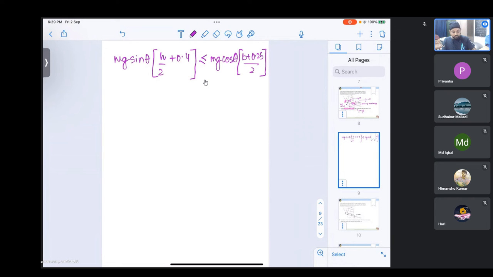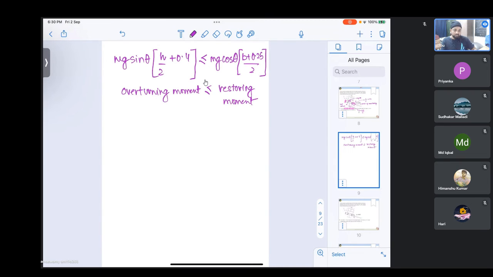This is the overturning moment, and this is the restoring moment. So this should be less than or equal to this.